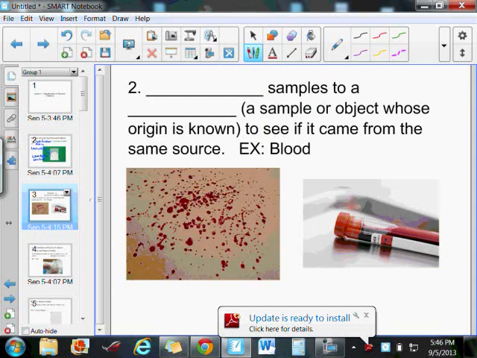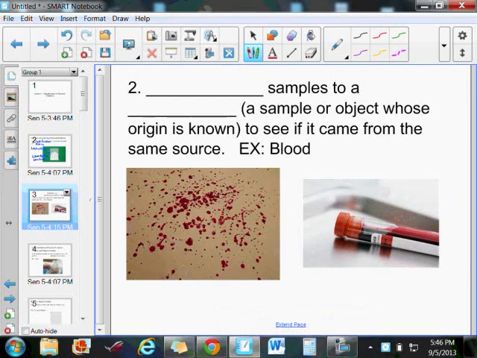The second reason we would collect physical evidence is to compare the samples you've collected. So we're going to compare to something called a standard. And a standard is a sample or object whose origin is known. Right, so what we can do is compare what we've collected to something that we know to see if it came from the same source.